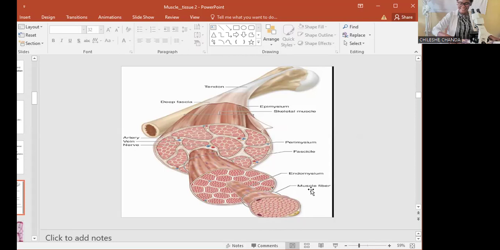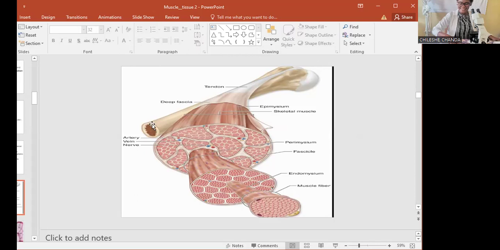So this picture is showing us the arrangement of muscle tissue. If you look at this, this is a bone. For example, this is the humerus.